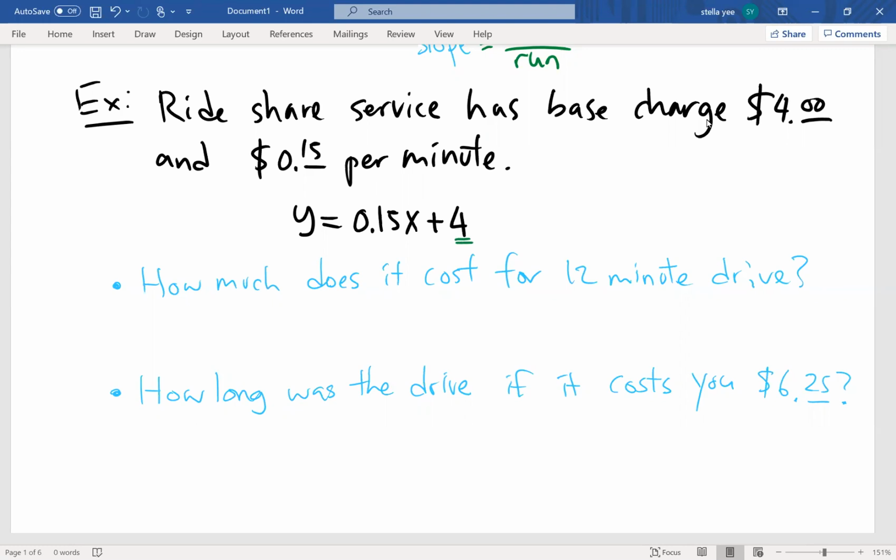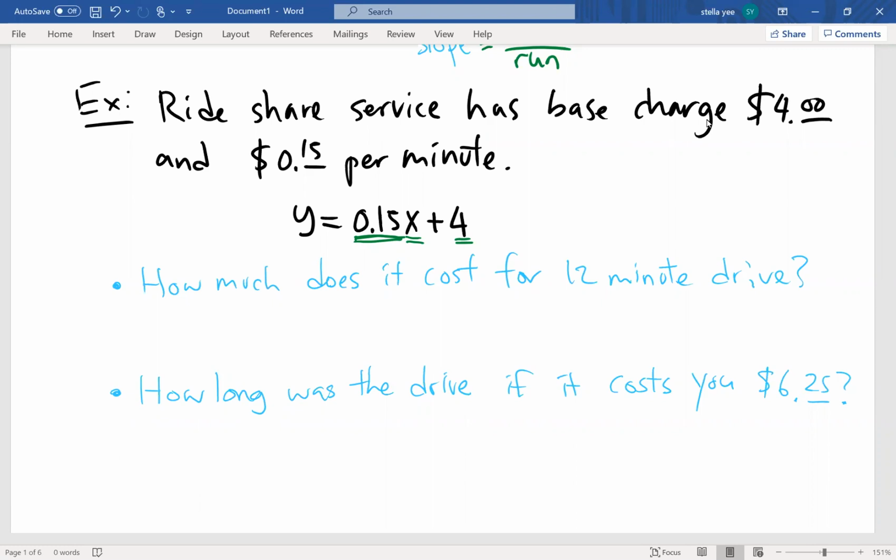That's the amount it's going to cost, no matter how far the car ride is. And for each additional minute, so if x measures the time that you use the rideshare service for, then the slope will describe the additional cost incurred when you ride the service for 1 minute more.